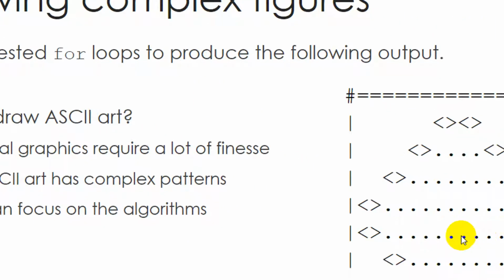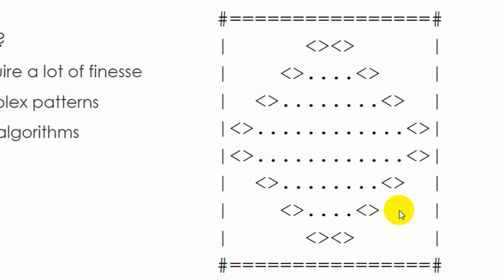How do you draw? Sometimes you will get a problem statement like draw this particular ASCII chart, draw some kind of a figure, draw some kind of a complex algorithm, right? You can perform all these things using a for loop statement. It's just about putting in proper counters.